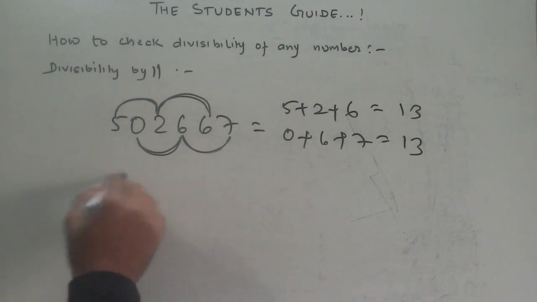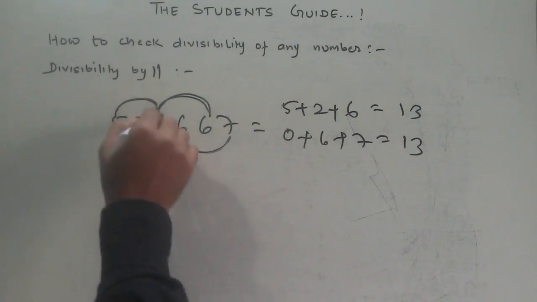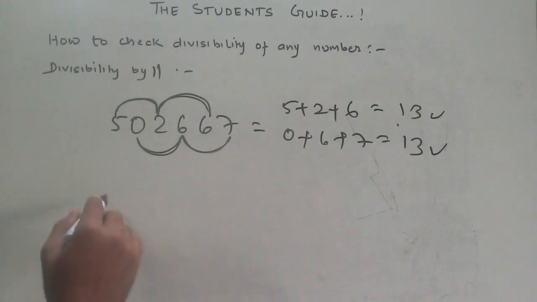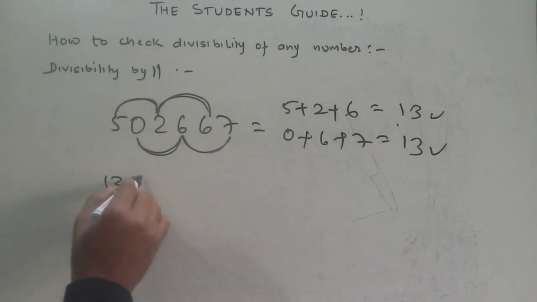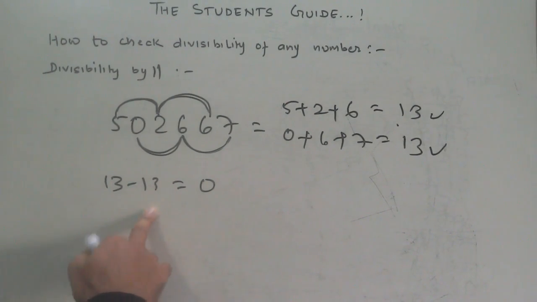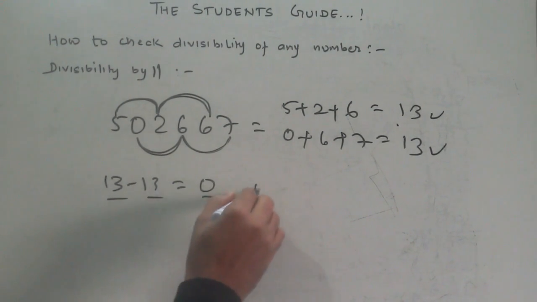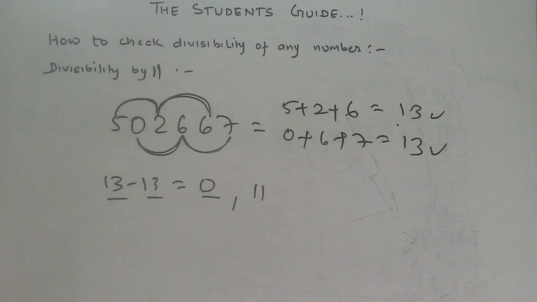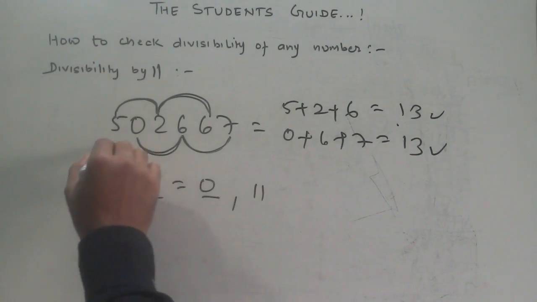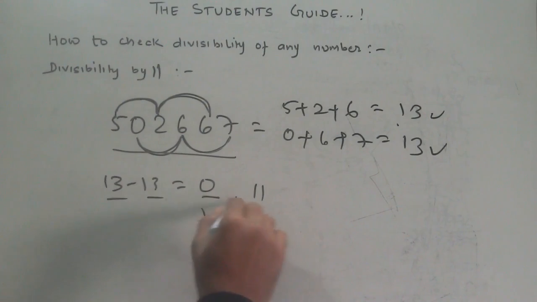So after adding the alternate digits, subtract the second number from the first. 13 minus 13 is 0. So if you get 0 or 11 as the answer after subtracting, then this number is divisible by 11.